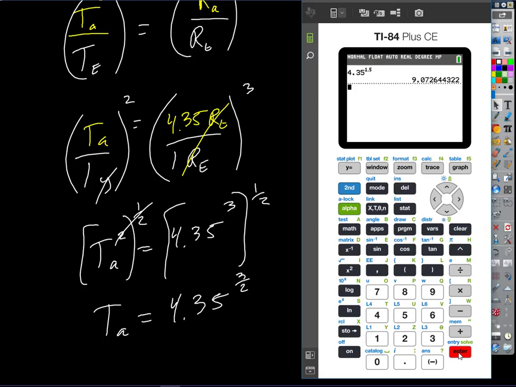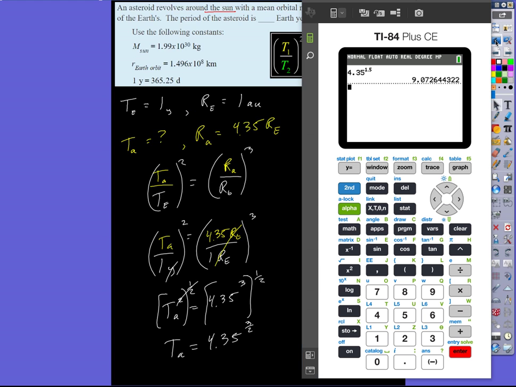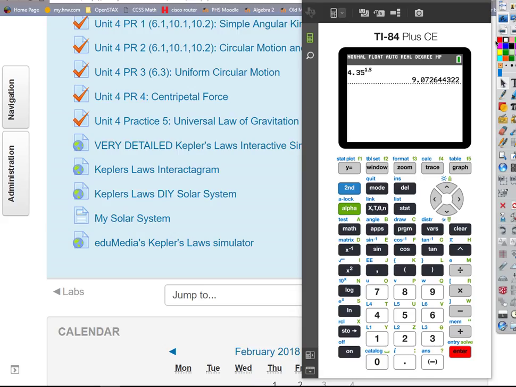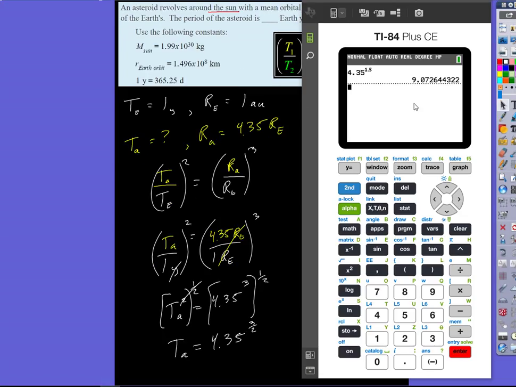So there's my answer, 9.07 to 3 sig figs. Well, that's the right answer. So we're looking in years, so it'd be a little over 9 years is how long that asteroid would take to orbit the sun once. Okay, does that make sense?